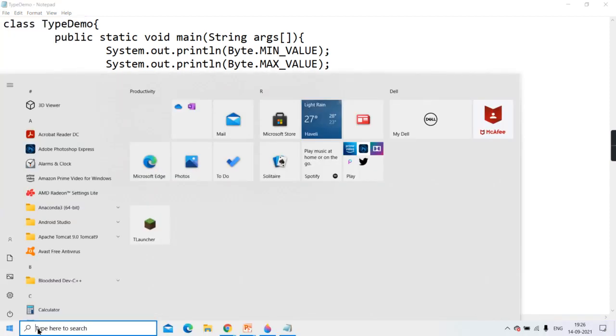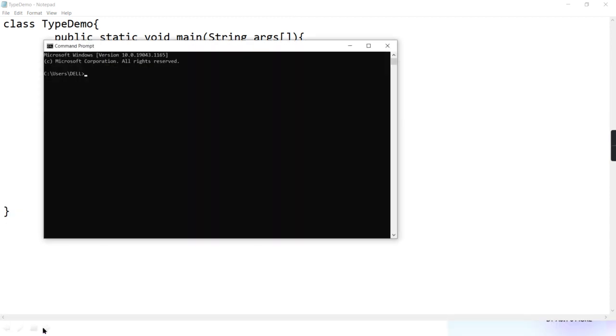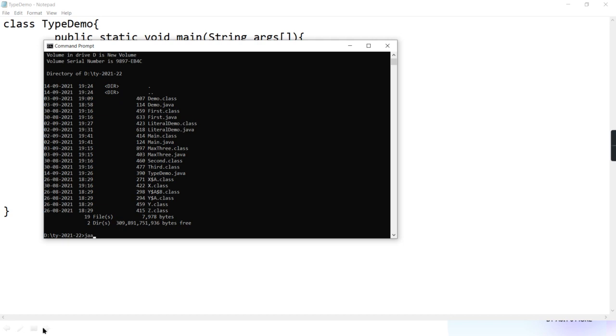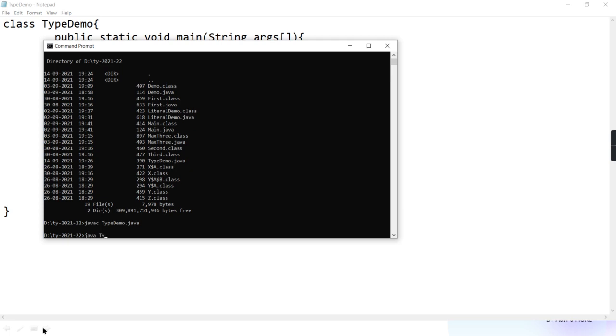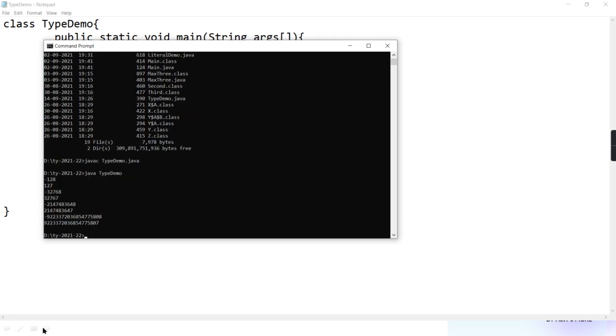Now compile it and run and see. Let's go to the folder. This one, I guess. So javac, and the file name is TypeDemo.java, and java TypeDemo. See. First is minus 128 to plus 127.